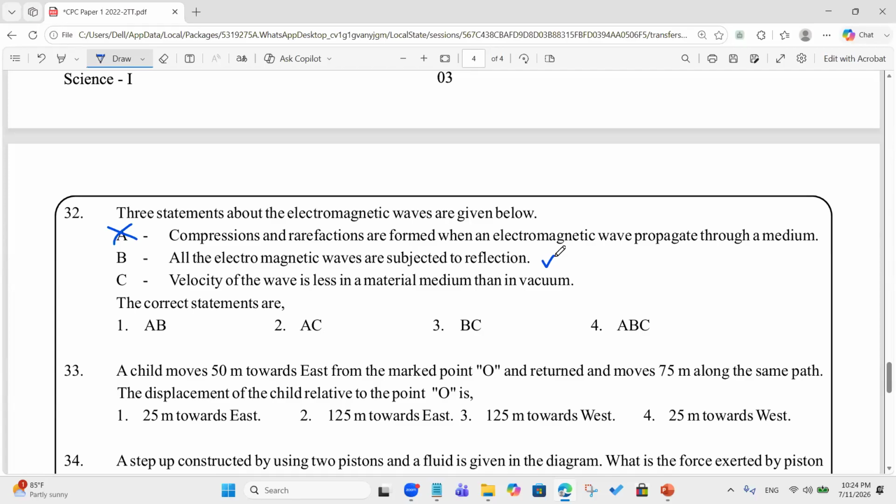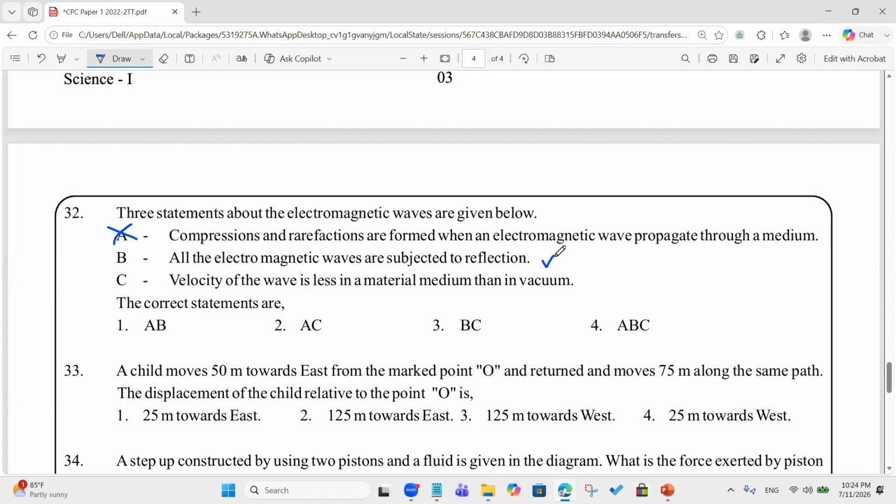From shiny surfaces they are even reflected. But here it says all electromagnetic waves, and a hot water bottle is an example of that. Here it has thermal waves, but not all the electromagnetic waves.